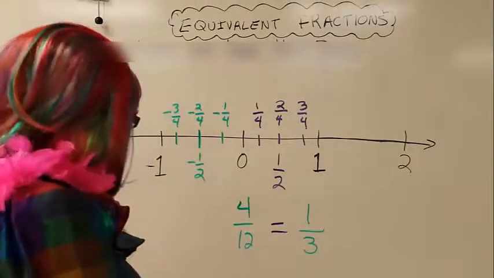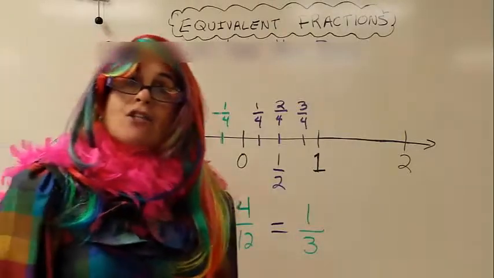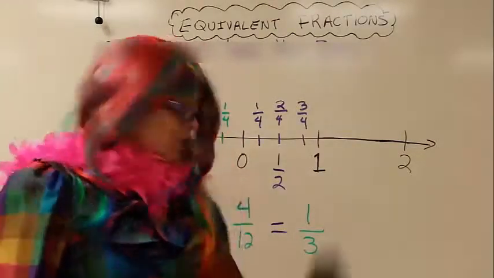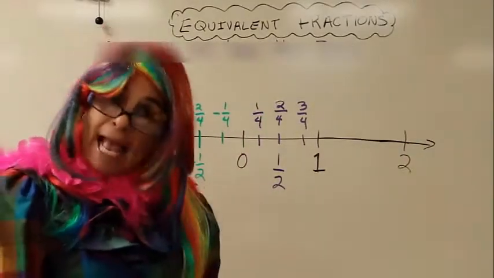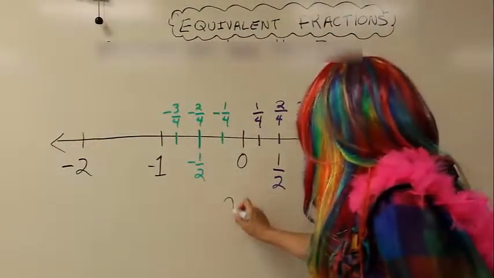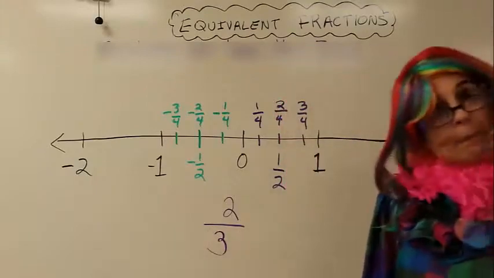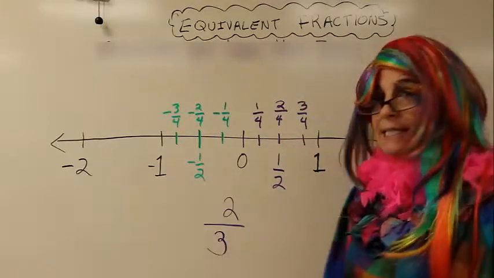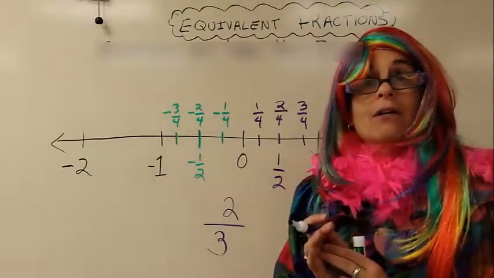Isn't that marvelous? Okay, I'm going to show another way that you can make equivalent fractions. Let's say we had the fraction 2/3. 2/3, that's already in its simplest form. Let's make fractions that are equal to it.